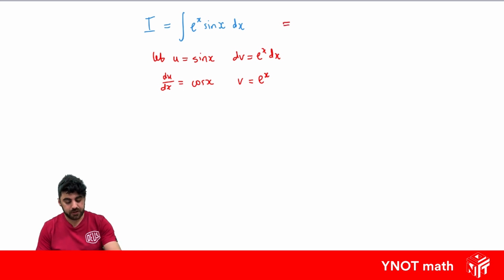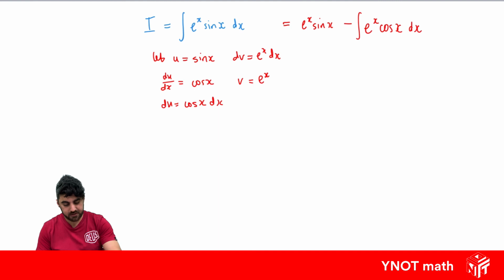Now this is going to equal u times v, so we get e^x times sin x, minus the integral of v du. We know du is equal to cos x dx, so we get e^x times cos x dx.